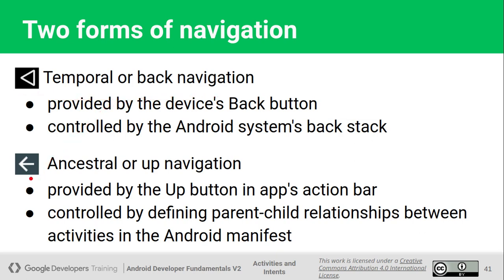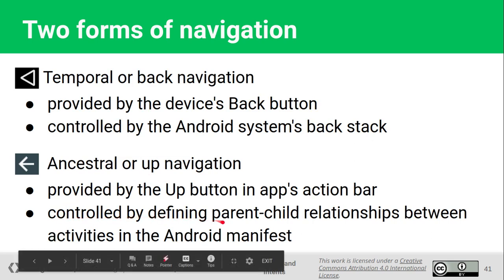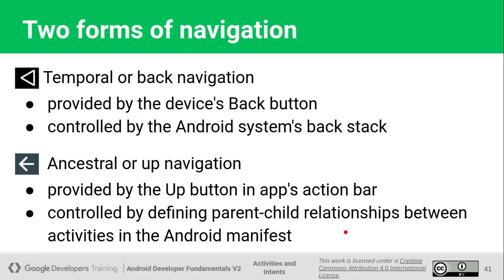The second is ancestral navigation, or up navigation. This navigation is implemented by the parent-child relationship of activities in the Android manifest.